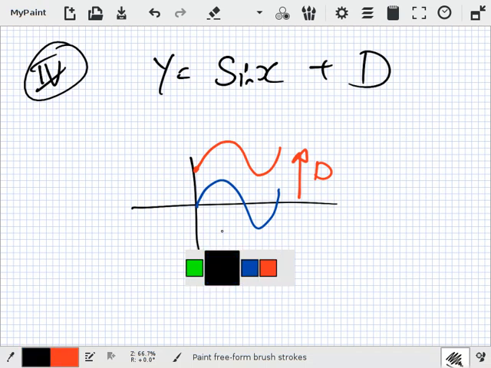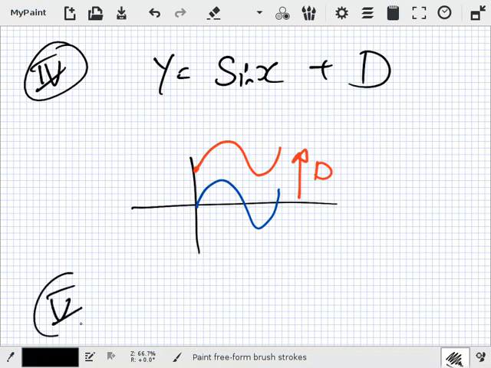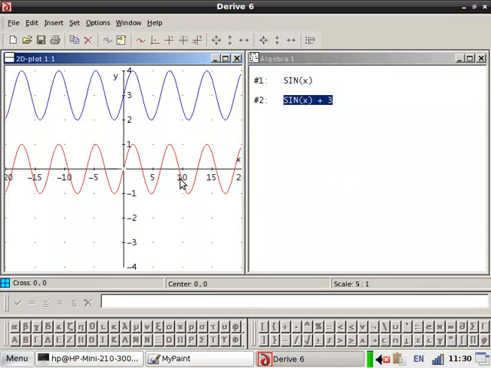So D will be zero, technically. In this graph, D is like, oh, I don't know, 3 or something. No, I meant like the sine graph starts at D. Yes, you could think about it like that. It starts at D. But I have a different way of thinking about it, which we'll do in a moment.